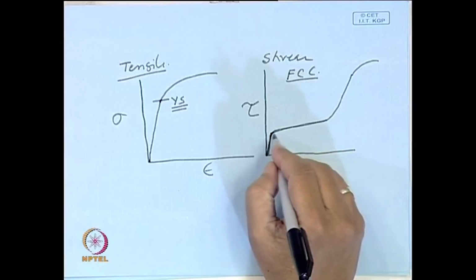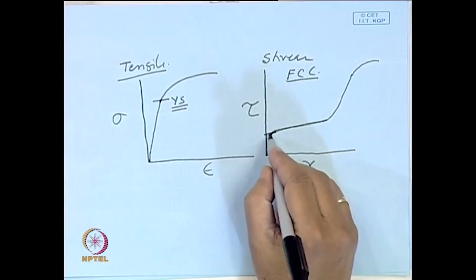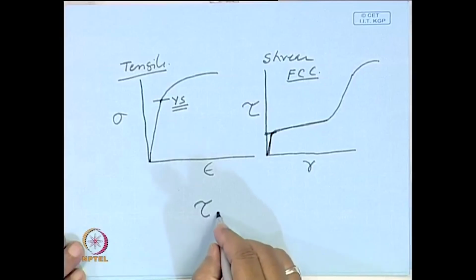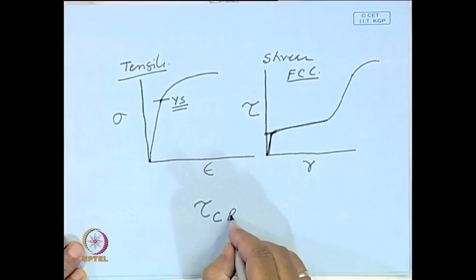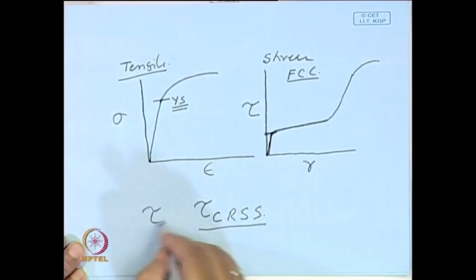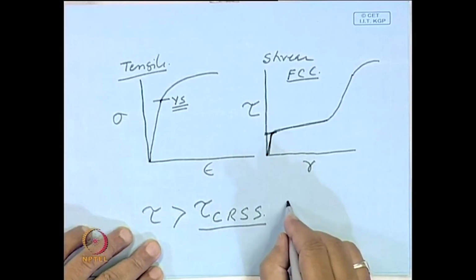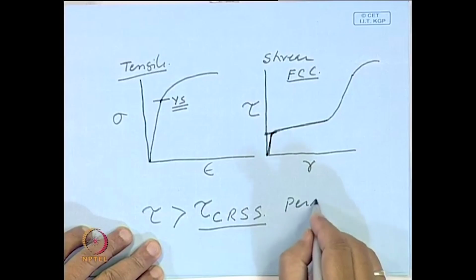Now, you need the stress to exceed this point, and this stress is called critical resolved shear stress. So, when stress exceeds critical resolved shear stress, you have permanent deformation.